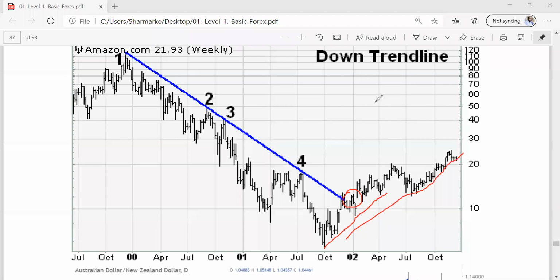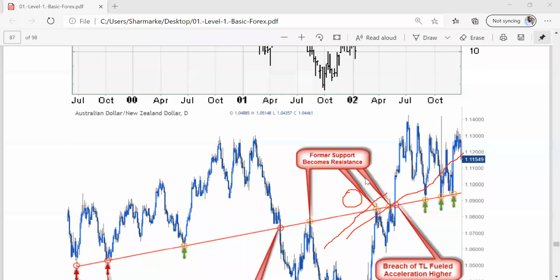Here we can see former support becomes resistance. Yeah, this is just the explanation of what we talked about before. Then you continue up, and then there is a break of the trend line here. The trend line was a support, there was a break, retest, and then continue.